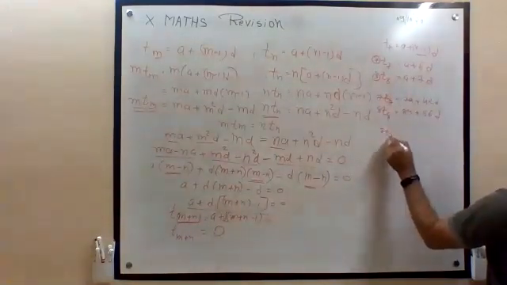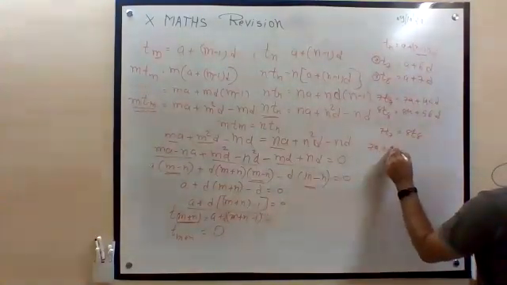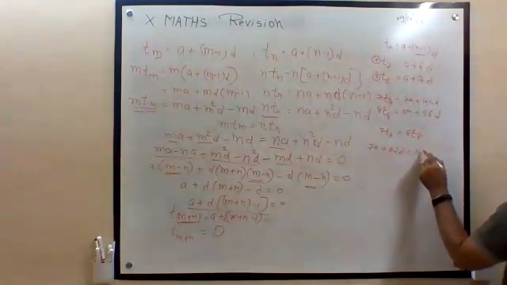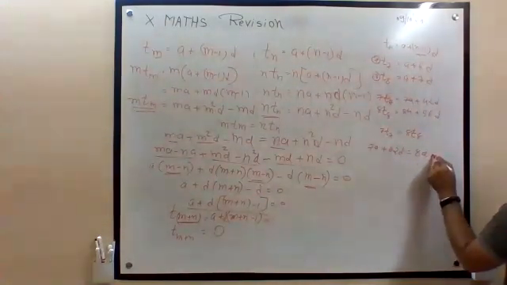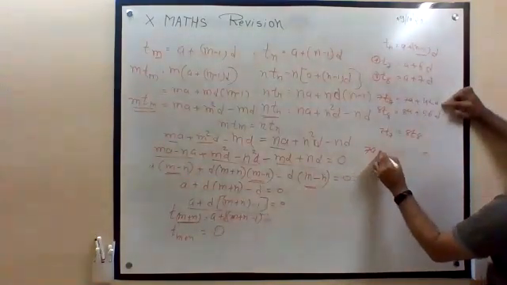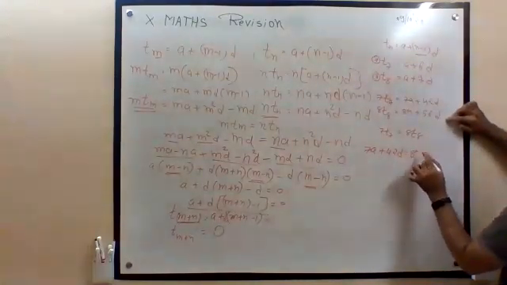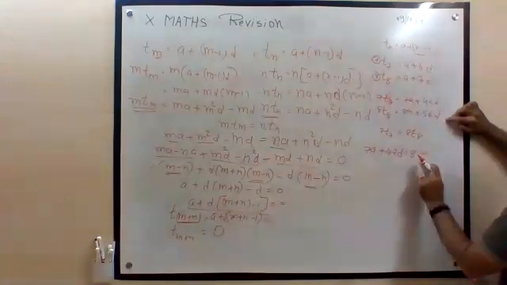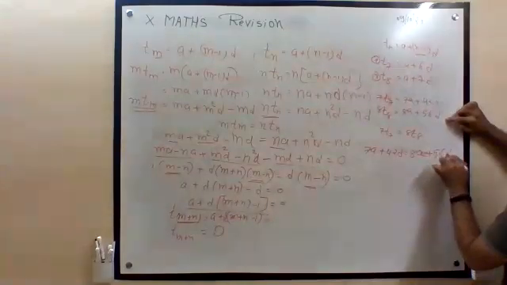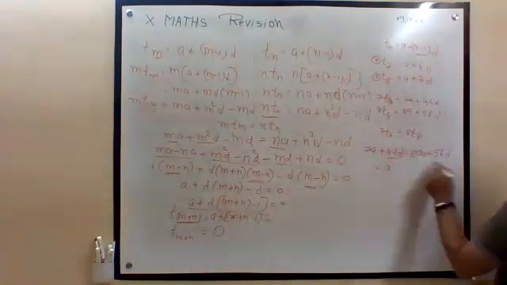Now they have given 7T7 is equal to 8T8. So 7a plus 42d is equal to 8a plus 56d. Now 8 minus 7 is equal to only a.